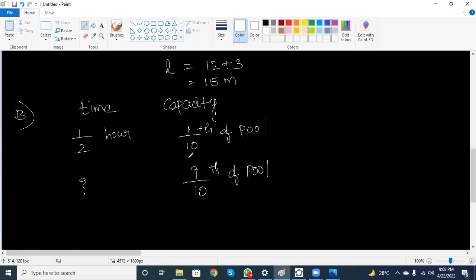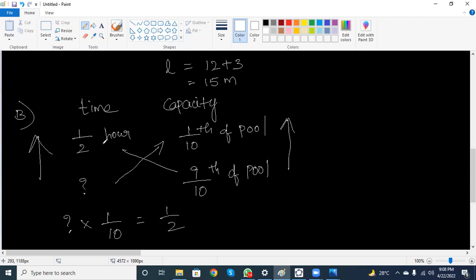So both are rising, the capacity is rising and the time is also increasing. If you want to fill up the bigger pool capacity, then you require much time. So both are called directly proportional. So simply you can do the cross multiplication. I'm putting the question mark on the left side. So first I will write 1/10 is equal to 1/2, cross multiplied with 9/10.